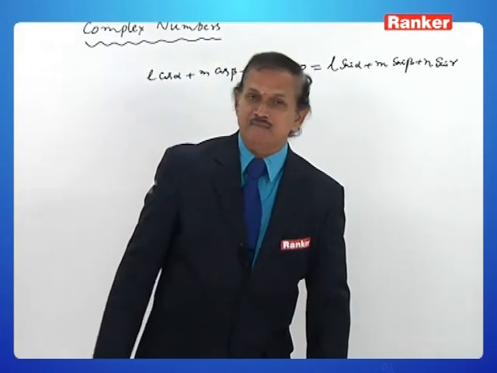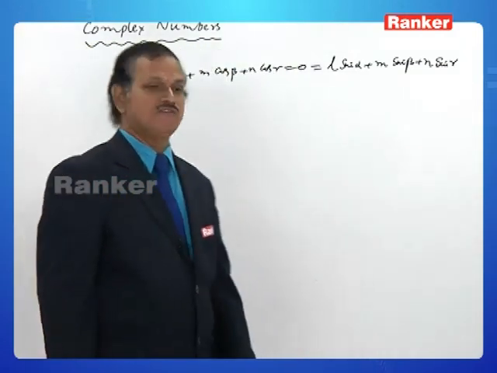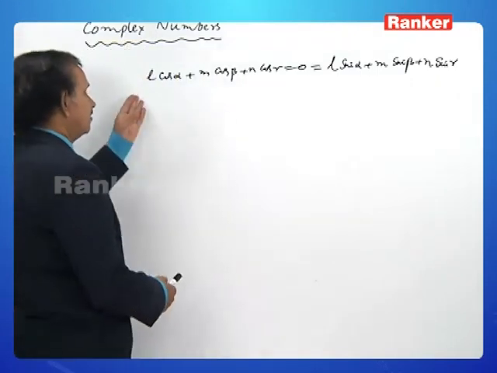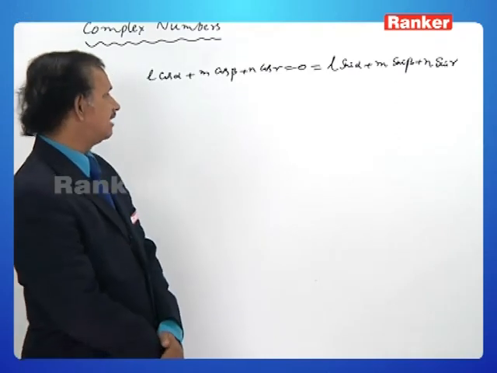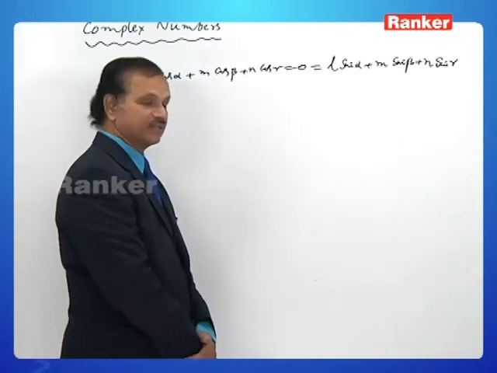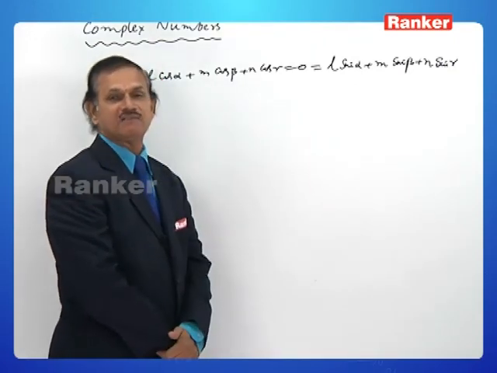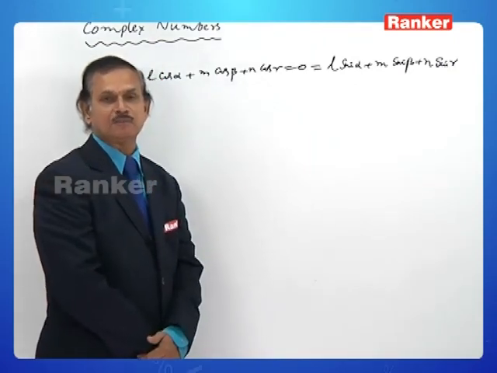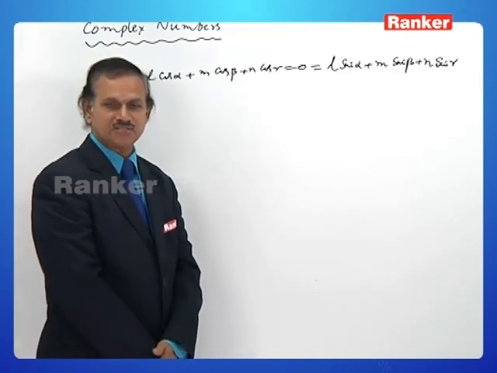By representing them with suitable complex numbers as in the previous case, we will be able to write that L cube cos 3 alpha plus M cube cos 3 beta plus N cube cos 3 gamma is equal to 3 LMN into cos of alpha plus beta plus gamma, and similarly for sin.